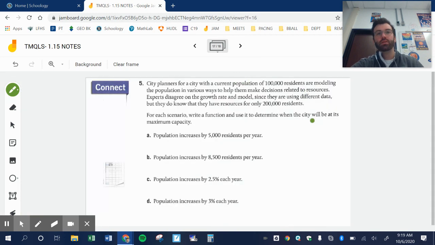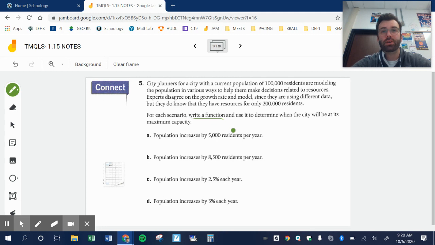Holy buckets! Here we go. Take a second to read that over. What I want us to do is just write these functions. We'll worry about the 200,000 later. Population increases by 5,000 residents per year.